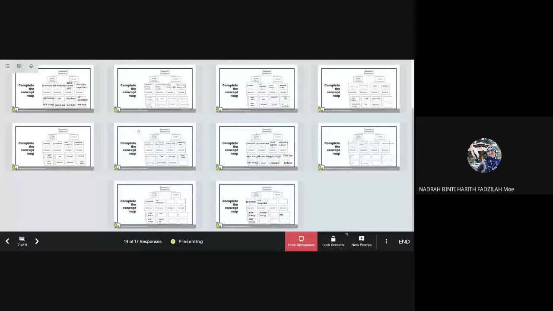And then non-renewable energy cannot be replaced and will deplete over time kan. So some of it are yes, coal, petroleum, natural gas, nuclear energy, nuclear energy pun boleh. Alright, and then let's take a look at current pula ya.